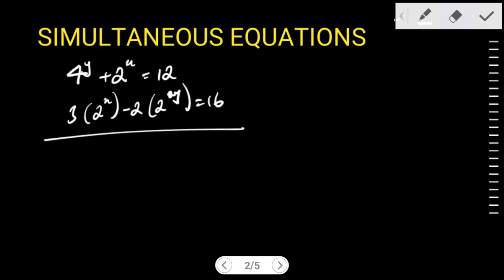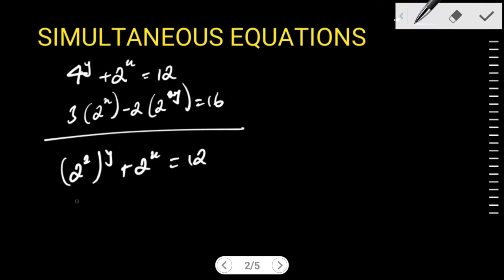Let's work out this example 3. I'm going to preferably use substitution to solve this. If I simplify this, it is like having 2 squared, with y outside, plus 2 to the power x equals 12.